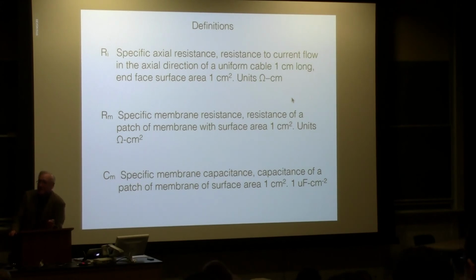Physiologically, the earliest technique to be developed for recording in neurons was to use very fine-tipped glass microelectrodes that can poke into the neuron, and they can sense voltage or they can inject current. Neurons are large structures, and so what you can't do with that technique is perform a voltage clamp, because the neuron is so spatially extensive that it's impossible to lock different regions of the neuron to all the same potential.